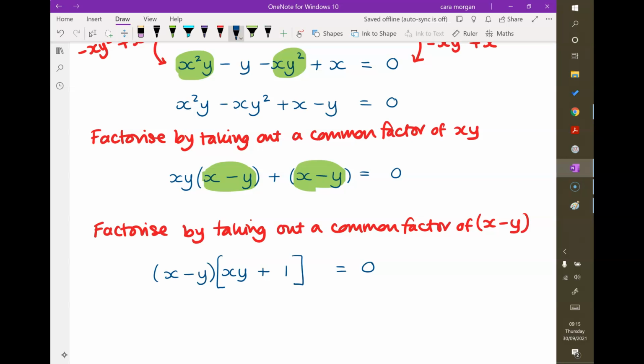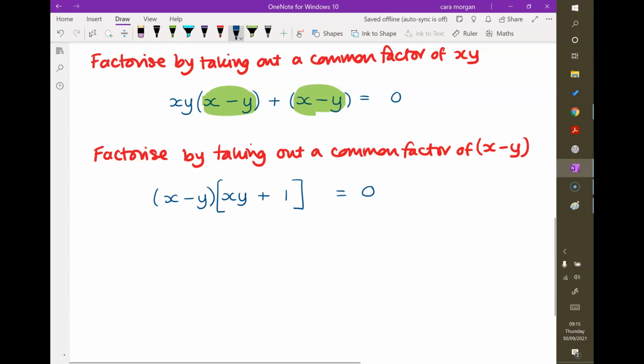Now, because these two brackets multiply together to make 0, this leads me to conclude that either x minus y must equal 0, because of course 0 multiplied by anything would give me 0, or xy plus 1 equals 0. If I follow my reasoning for x minus y equals 0, this would imply that x must be equal to y.